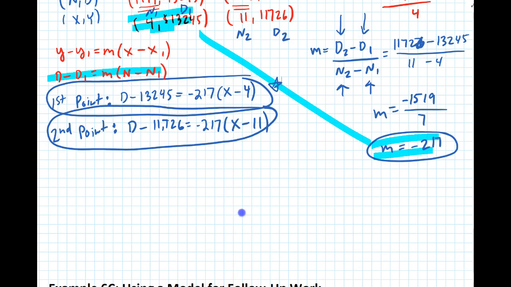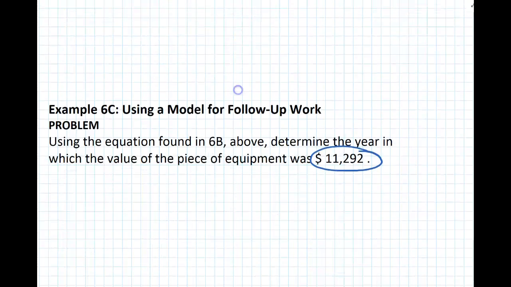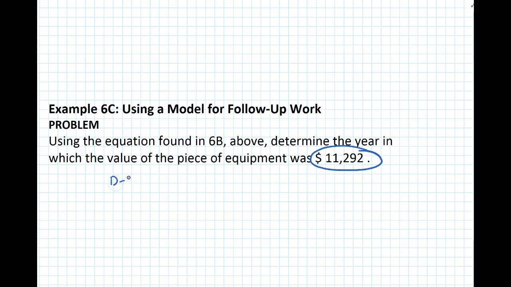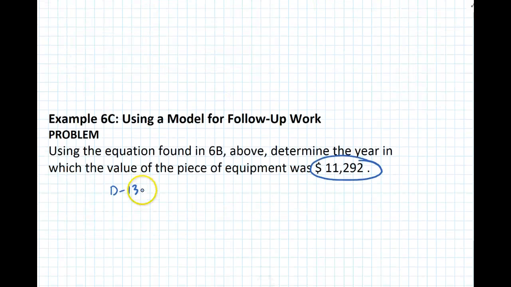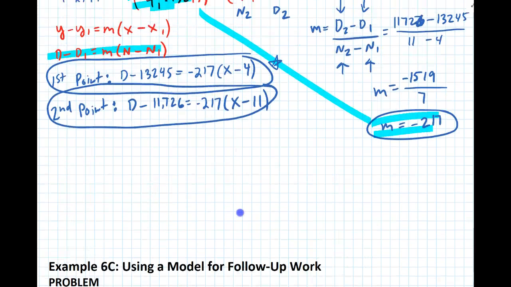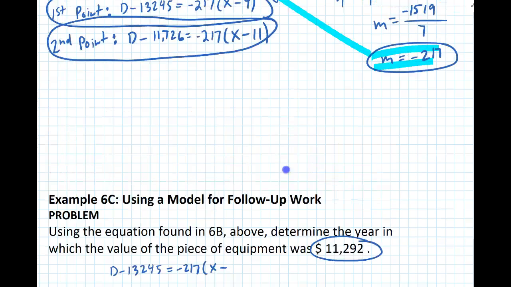I'll use this first one where I've got d minus 13,245 equals negative 217 times n minus 4.